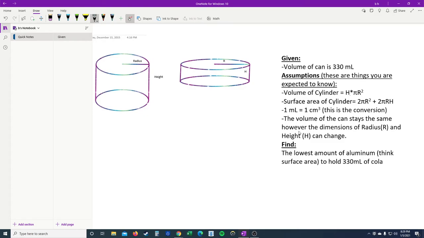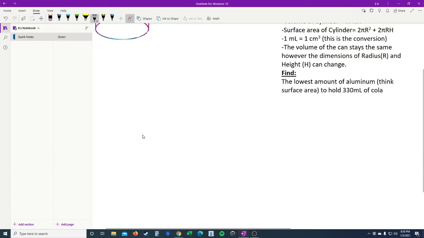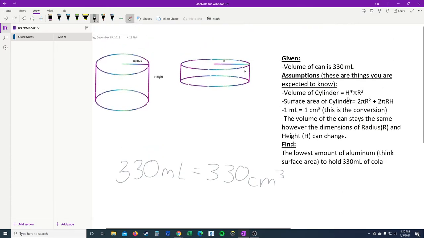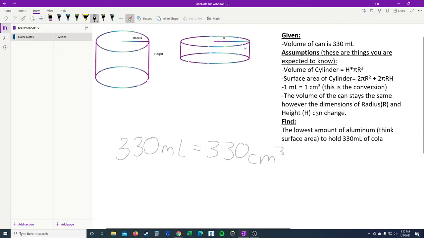We know the volume is given as 330 milliliters, and we have the conversion: 1 milliliter is 1 centimeter cubed. So 330 milliliters equals 330 centimeters cubed. That's a 1-to-1 conversion, so that's easy to convert.